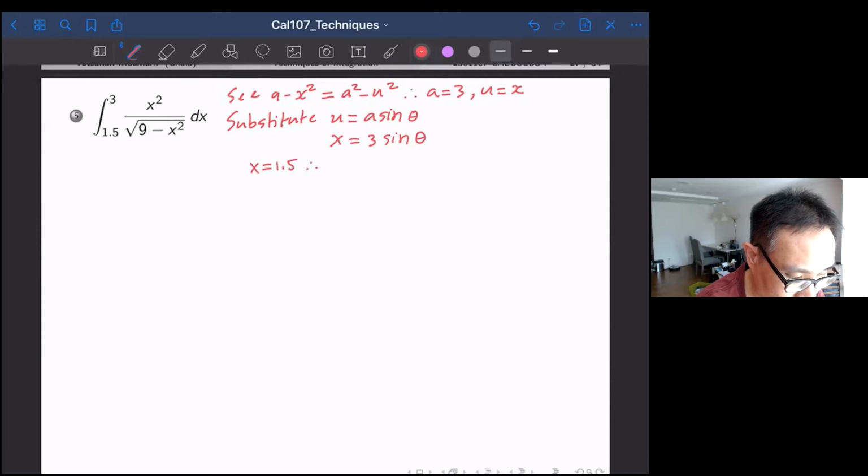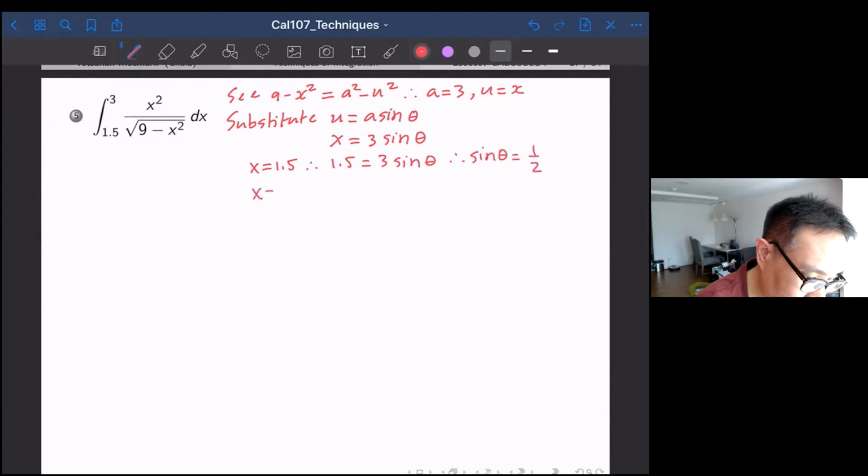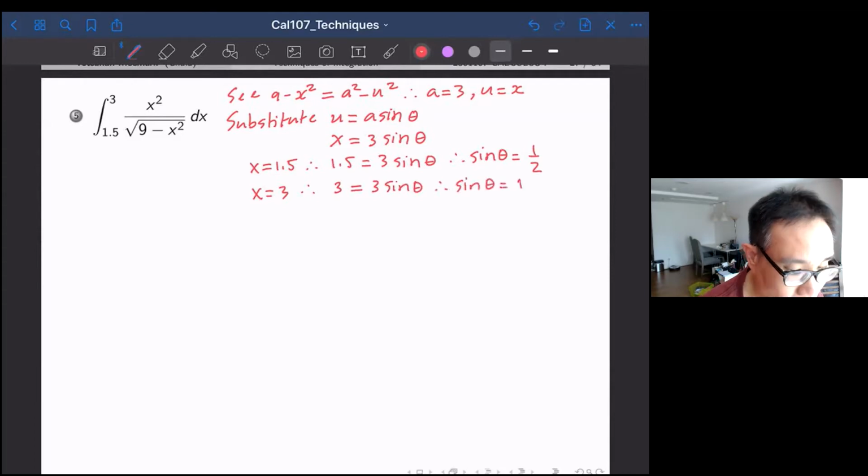So you get 1.5 equal to 3 sine theta, and you have sine theta equal to 1/2. Okay, so x equal to 3, so you have 3 equal to 3 sine theta, and you have sine theta equal to 1.